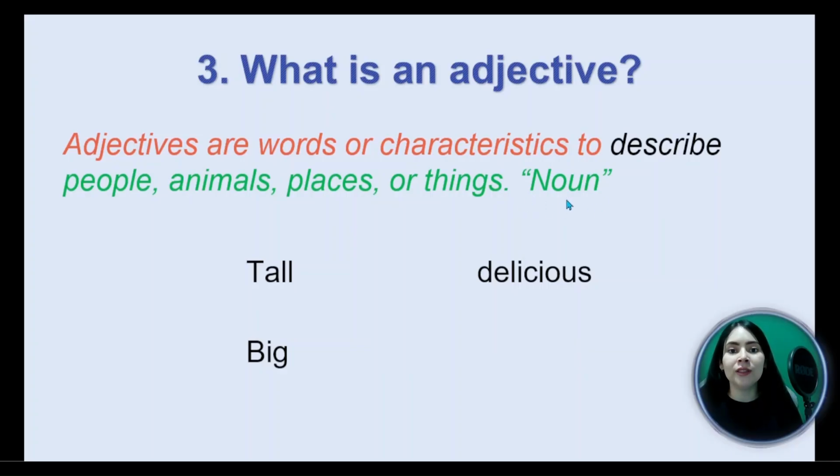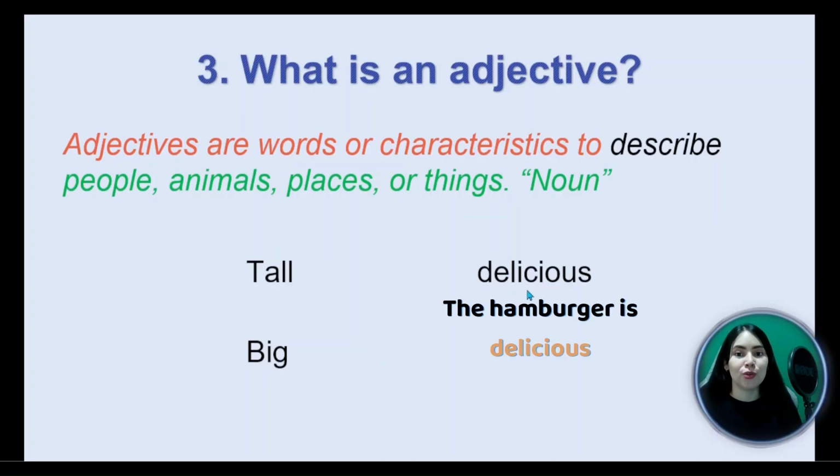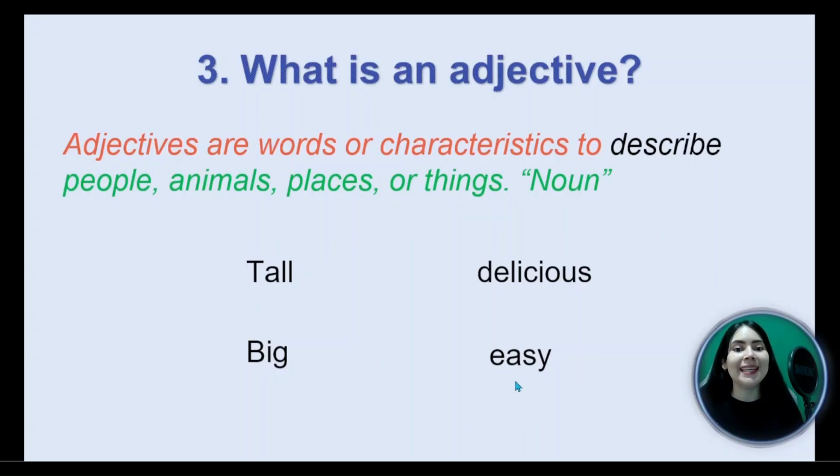A noun, the hamburger. The hamburger is delicious. Easy. A noun, the English class. The English class is easy.